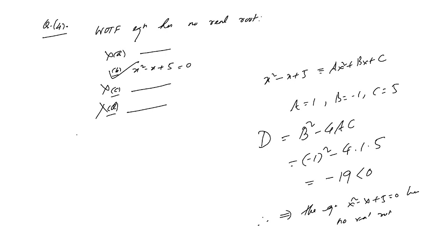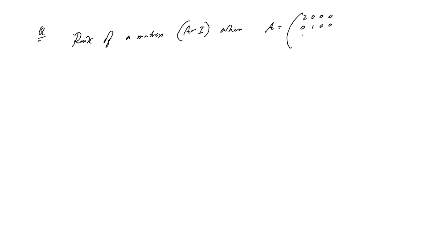Next, the question on the rank of a matrix. It is given like this: rank of the matrix A minus I, where A equals the matrix with rows 2 0 0 0, 0 1 0 0, 0 0 2 0, and 0 0 0 2.